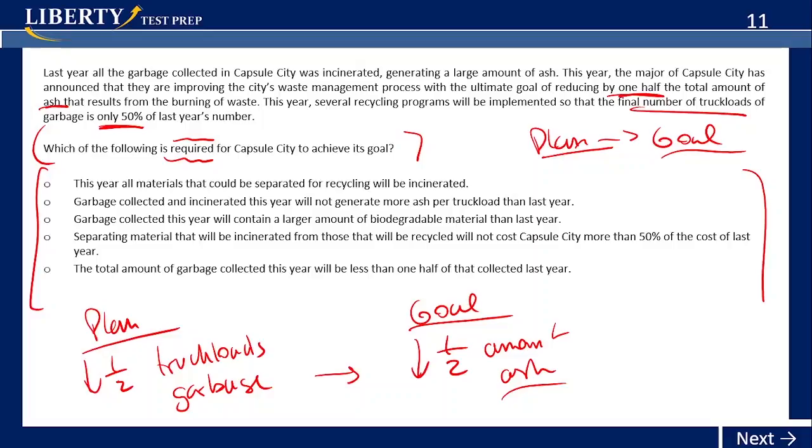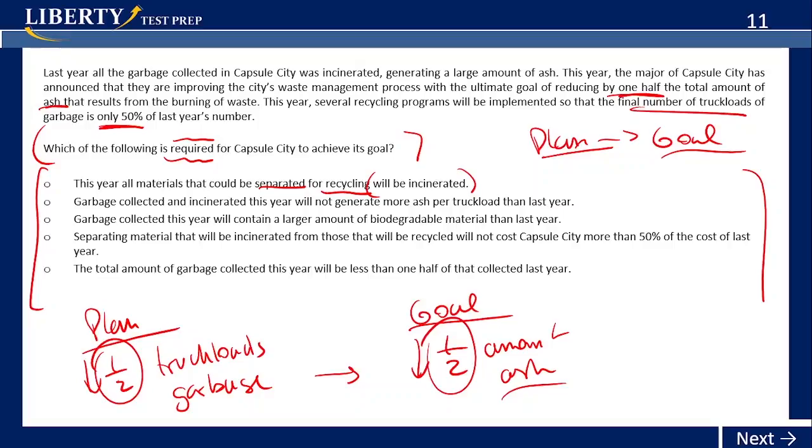So let's see. The first one: this year, all materials that could be separated from recycling will be incinerated. So what they're going to do is separate things to recycle, and the leftovers will be incinerated. But what does that have to do with 1/2?